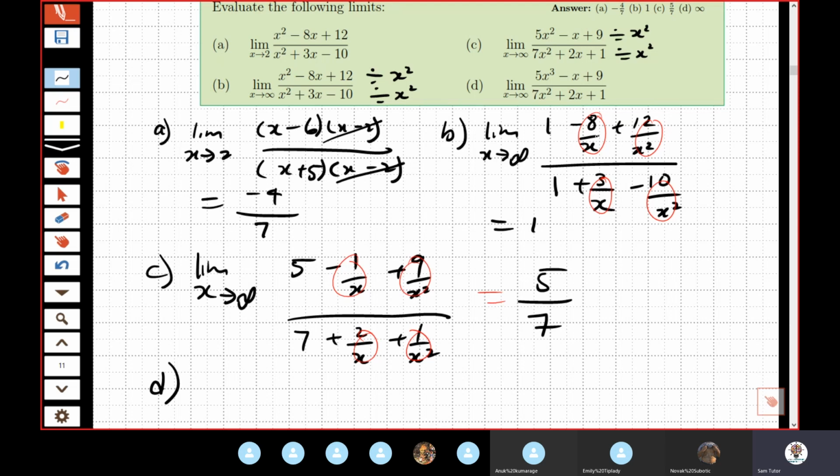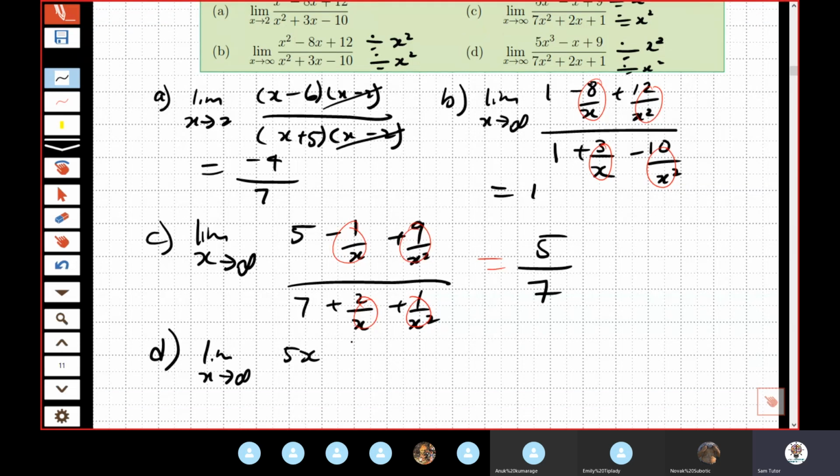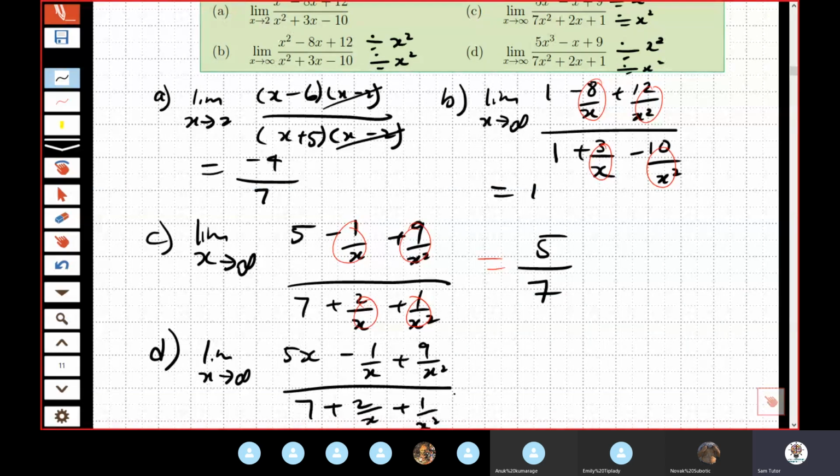Last one, divide everything by not x cubed, by x squared, right? It's got to be the highest denominator. So on the top you have left 5x minus 1 on x plus 9 on x squared, 7 plus 2 on x plus 1 on x squared.